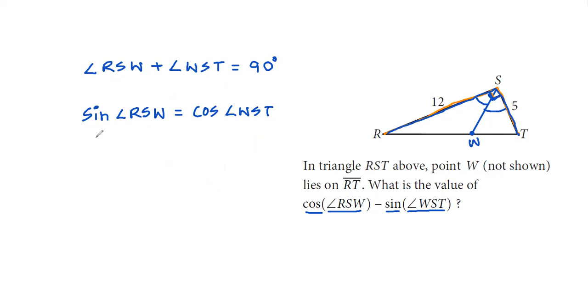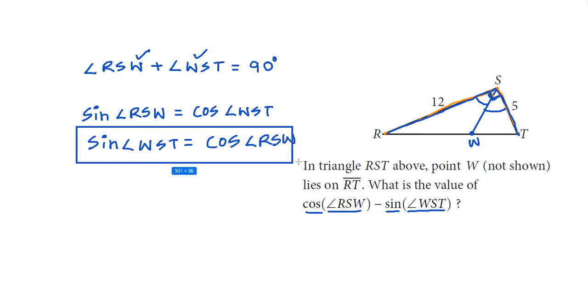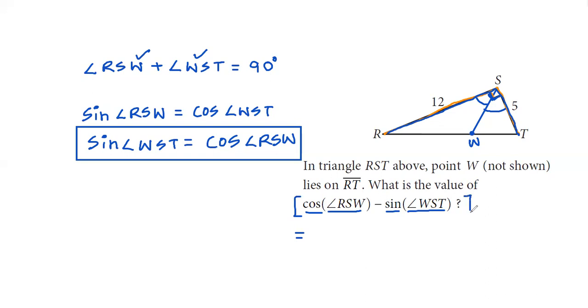We can write sine of WST will be equal to cosine of RSW. And look, this expression we need. This is important. So you need to find out this expression, cosine of RSW.